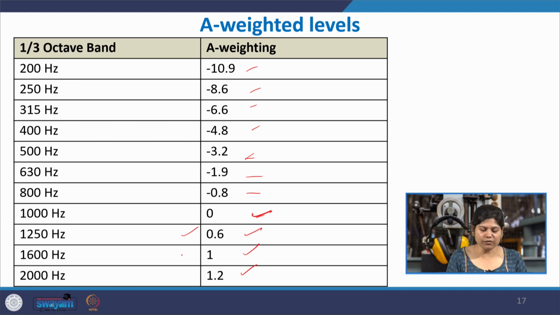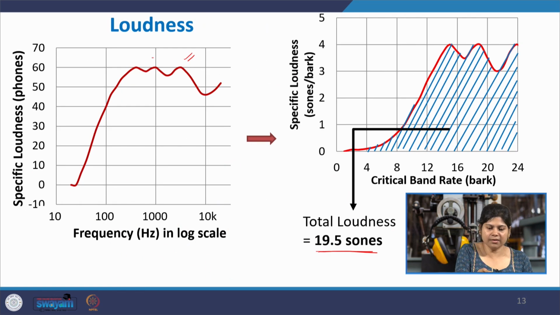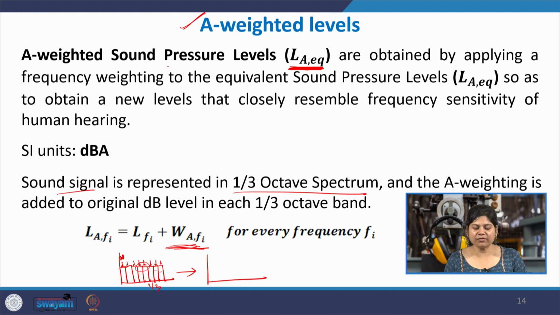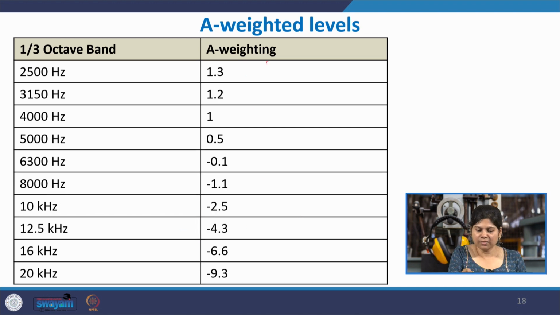From here onwards, whatever the actual levels were, we add a positive weight to increase them, because our ear is in the sensitive zone, where the sounds are perceived much louder. So, again we reach the sensitive zone, we add small values to it, and we keep doing that for these sensitive zones.